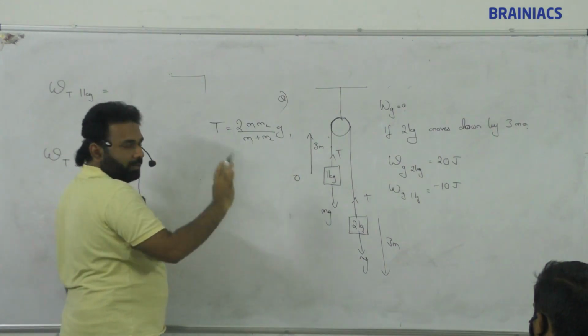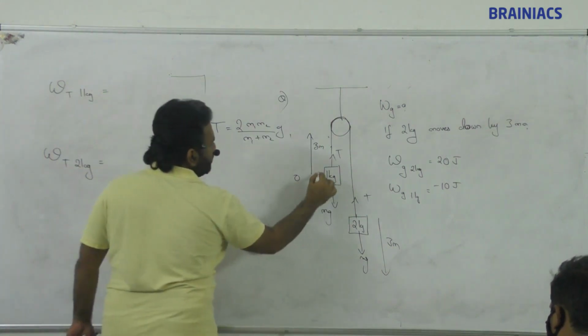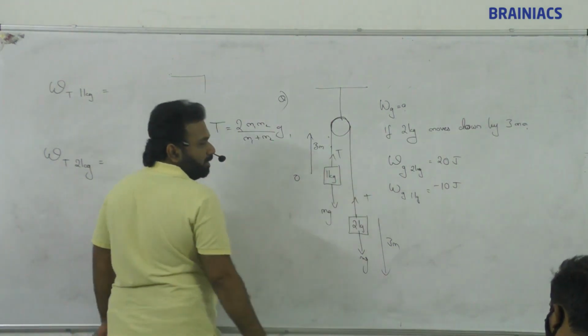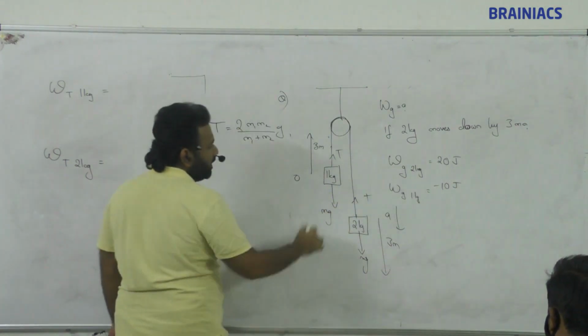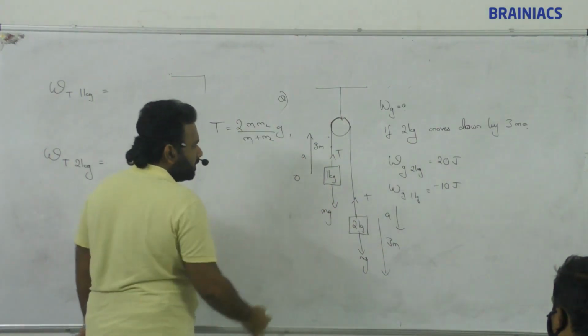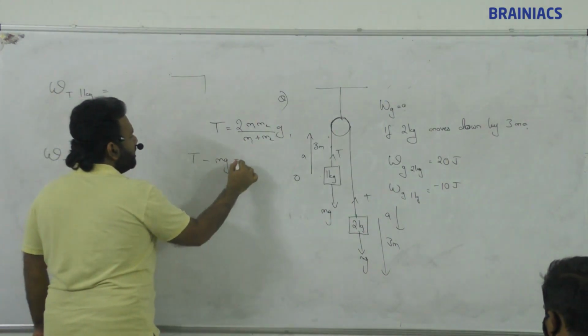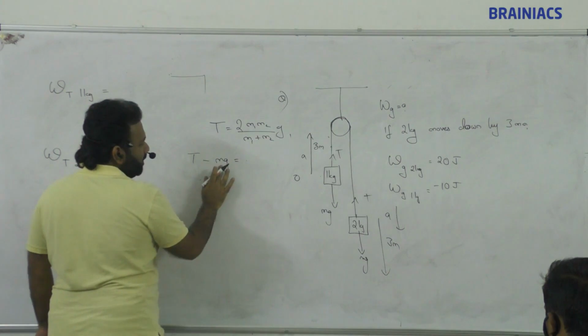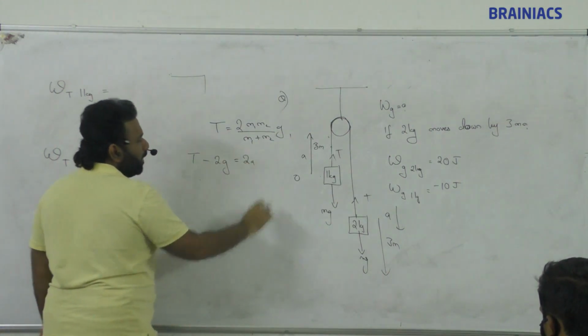For that, 2 will not be there. So this is the formula, or otherwise, this is coming down by 3 meter, right? So acceleration will be in this direction, and here acceleration will be in this direction. So T minus mg, T minus 2g, is equal to 2a.